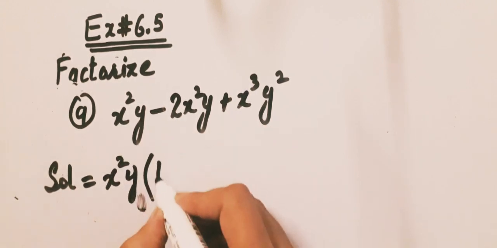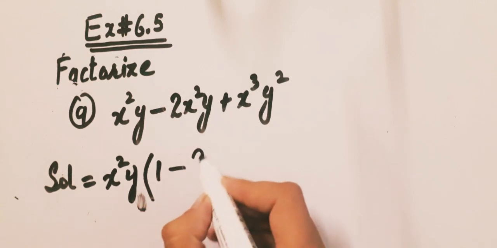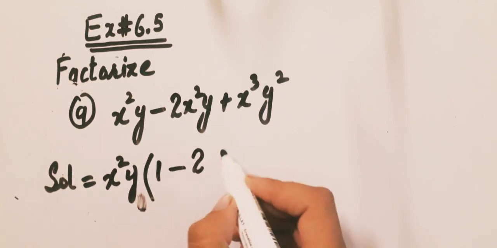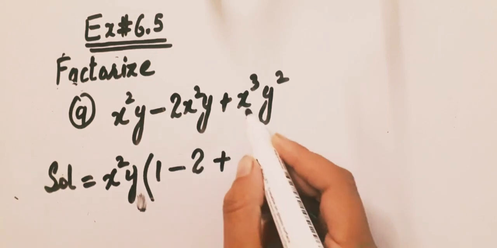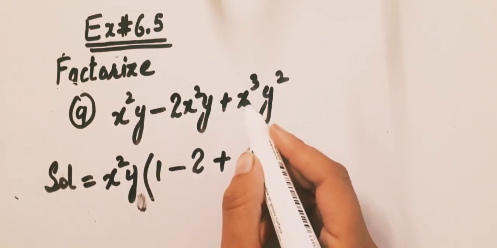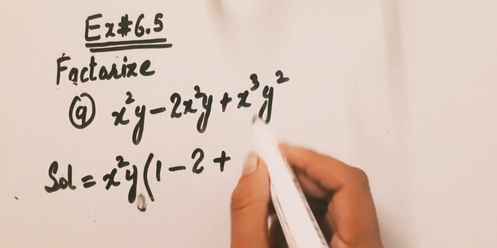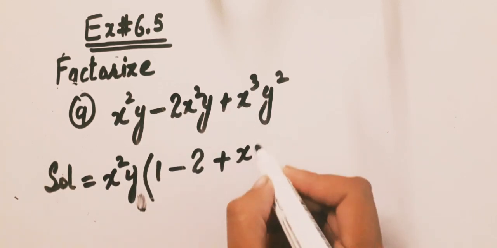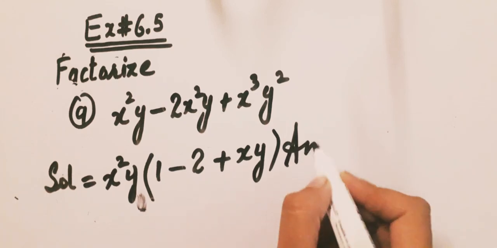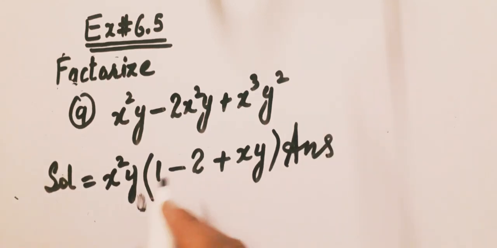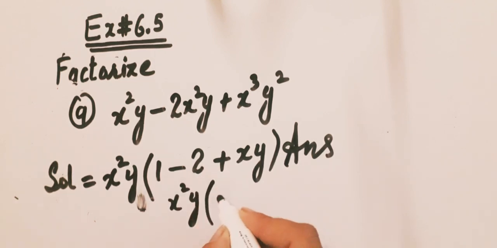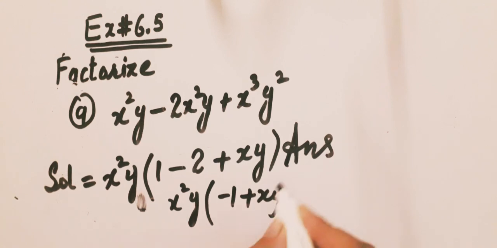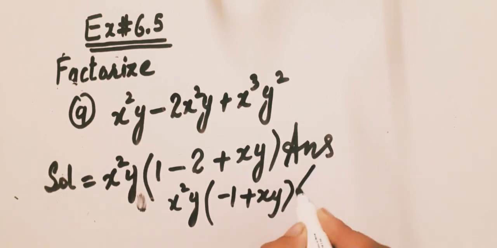So remaining terms are 1 minus 2 plus x3, x2 is taken as common, remaining is x and y. So this is the answer. You can further solve it. X into y, 1 minus 2 is minus 1 plus xy. This is also the answer.